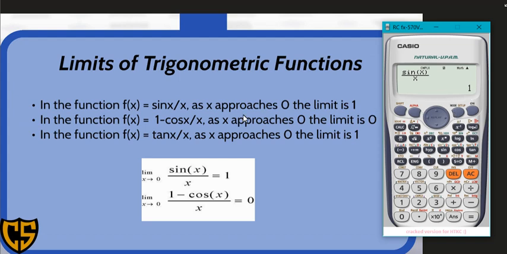So, take note, dapat naka-radians ang aton nga calculator. So, for number 2, 1 minus cosine x all over x. As x approaches 0, dapat ang aton nga answer will be 0. So, i-check ta if for example, ang i-substitute natin nga value is degrees. So, we have 1 minus cosine x all over x.